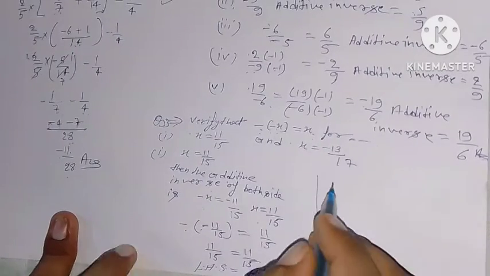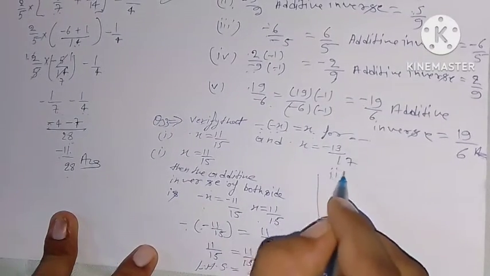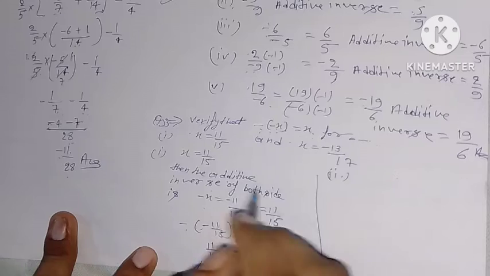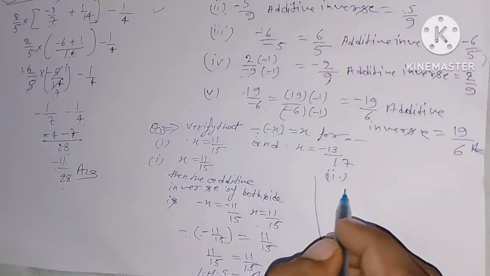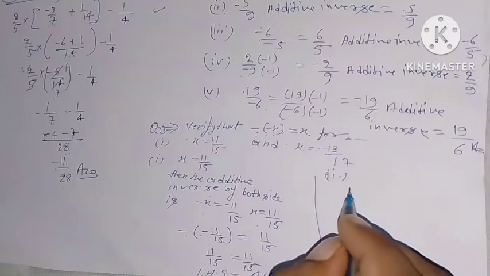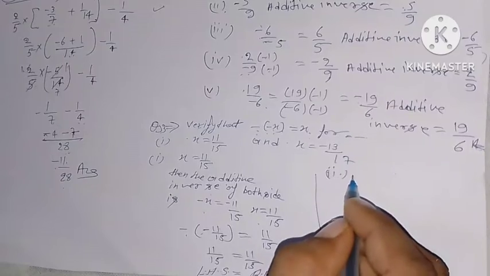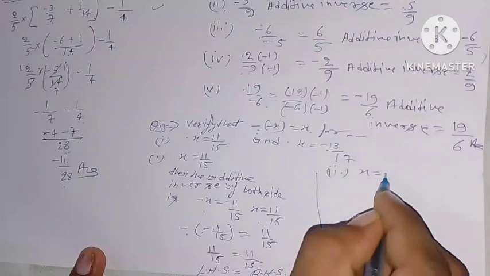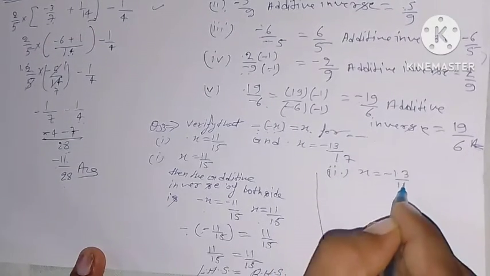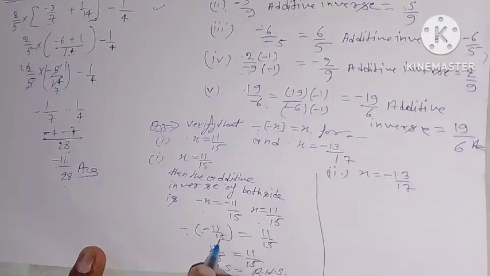And the second part: the value of x is given as minus 13 upon 17.